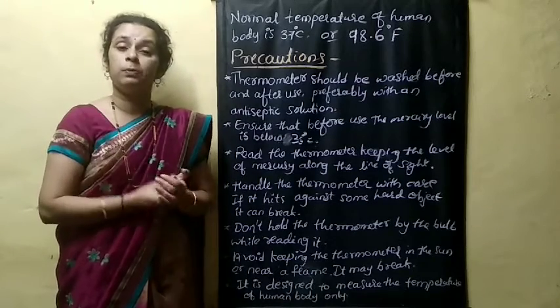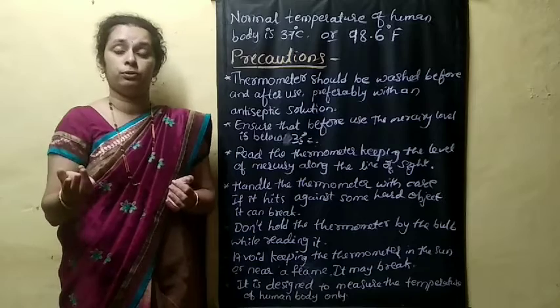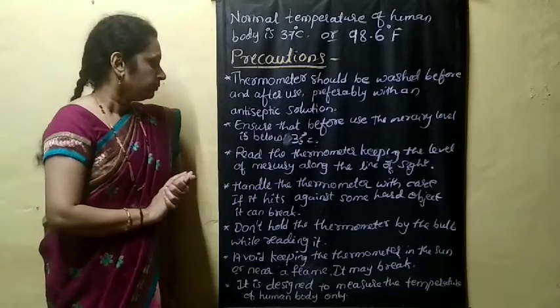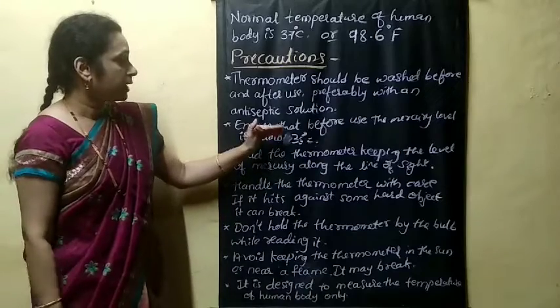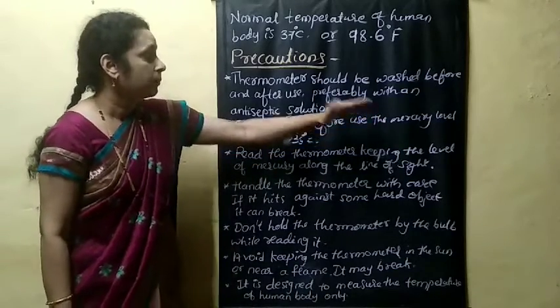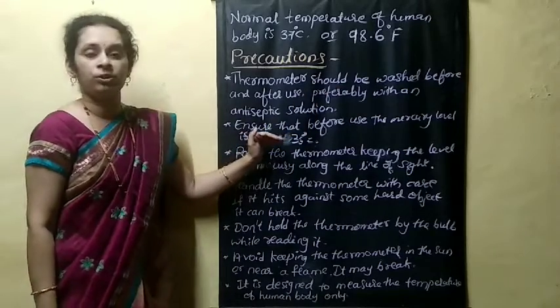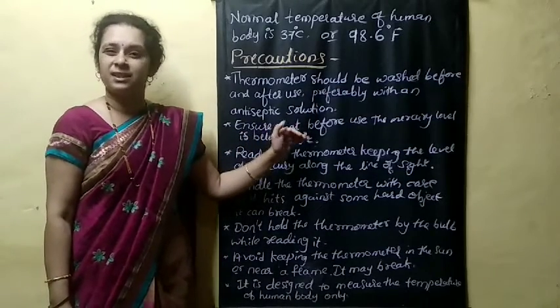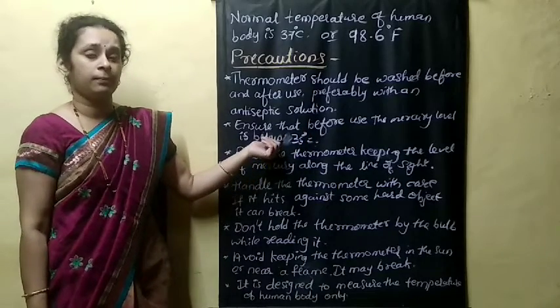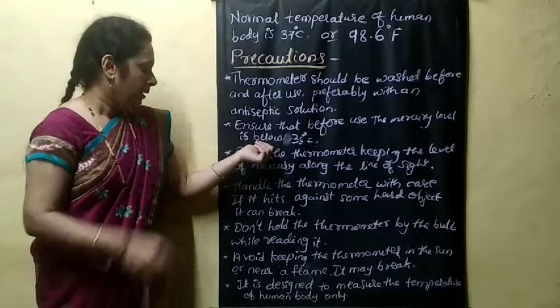That's why it should be washed after and before use, with antiseptic solution. Second, ensure that before use the mercury level is below 35 degrees Celsius. I told you about that.